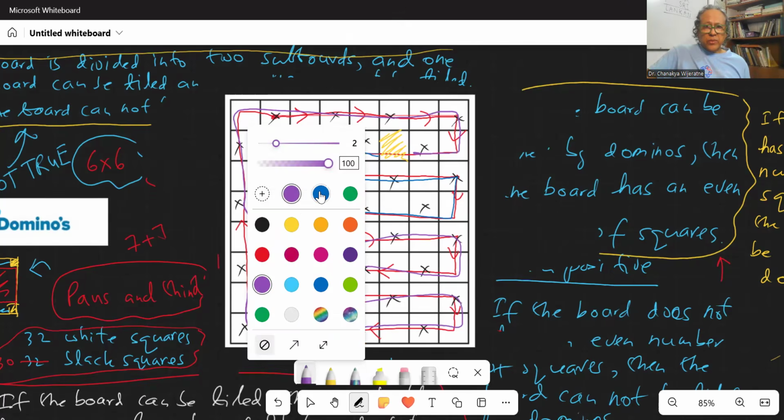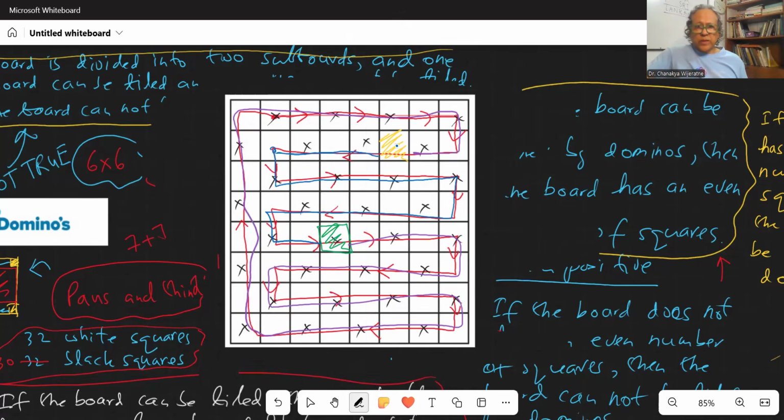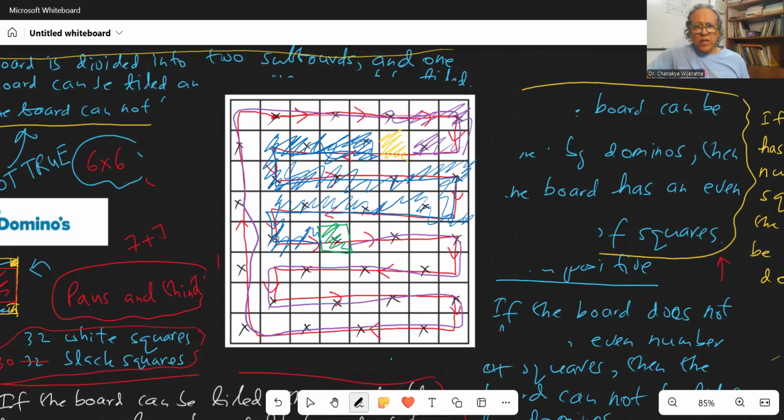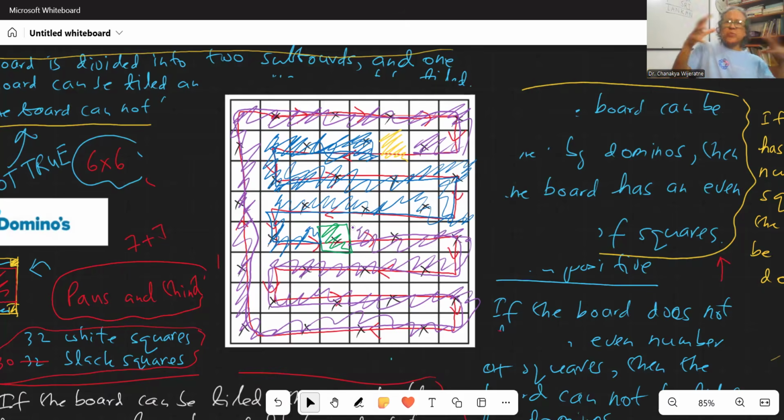So this blue is a board, and that board and the brown board. Now those two boards can be tiled.